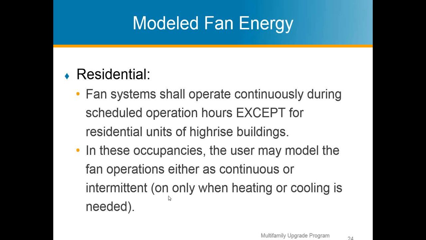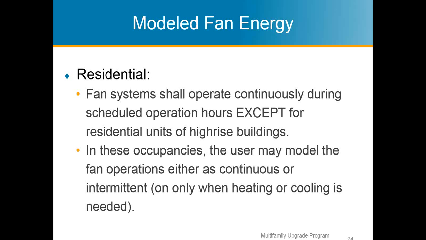If the fan for heating and cooling, so the fan for your furnace or your AC, is intermittent, you want to select it for that, and then it's going to turn on intermittently as your need for heating and cooling is on.